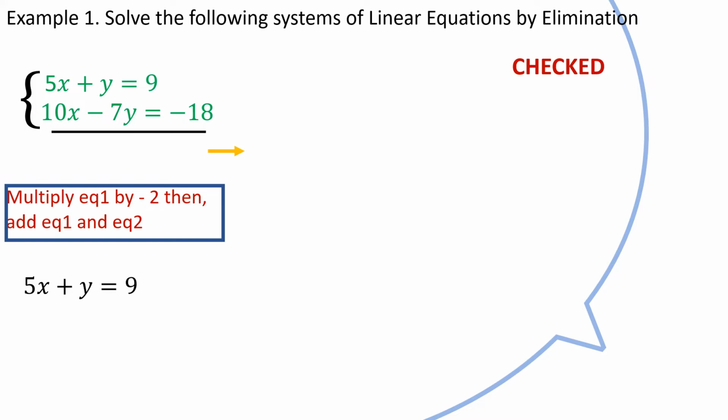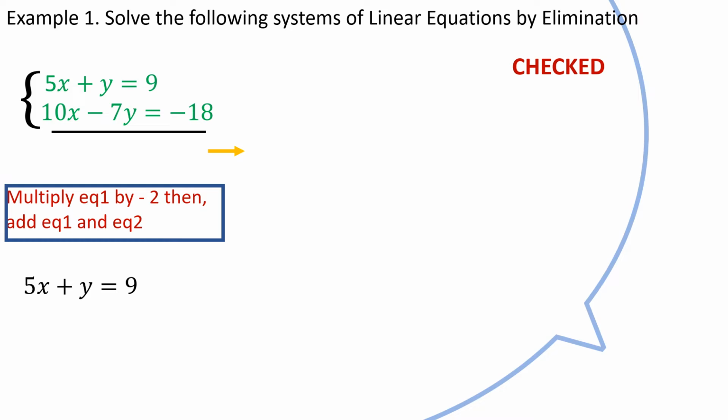So dito, yung equation number 1 natin ay yun po yung medyo mas maliit yung value ng x and y, ang gagawin ko po is I want to multiply this by negative 2 so that later on ay makakapag-cancel out na po tayo.